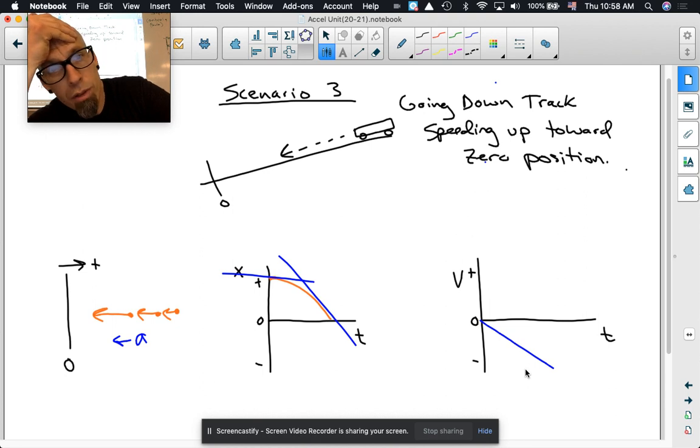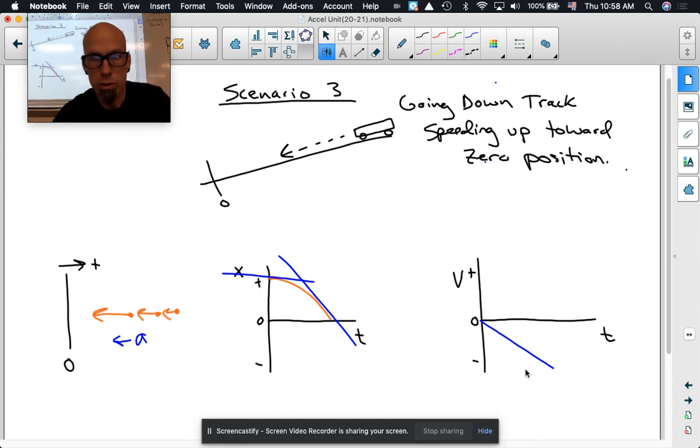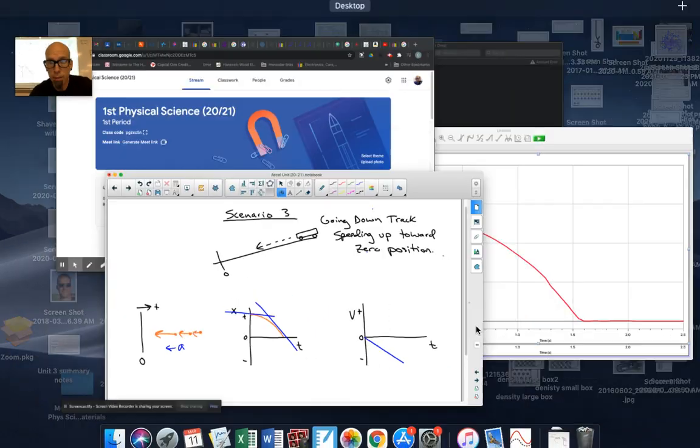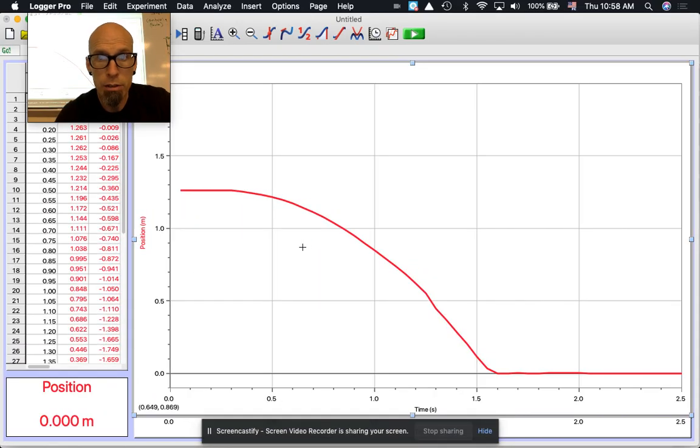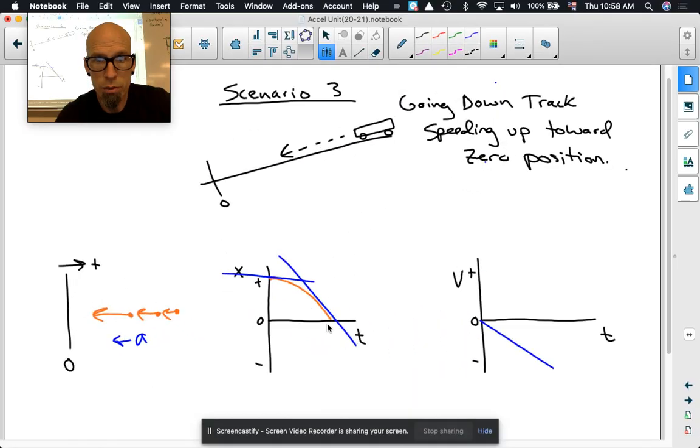I know I kind of flew through these. We had a lot more discussion with it in class, but I'm trying to keep this video short. And of course, you didn't get to see the actual graphs that were produced. For instance, for scenario 3, I believe I still have that one up here. So here's that graph. This is what the position time graph looked like, which is again what we just described.